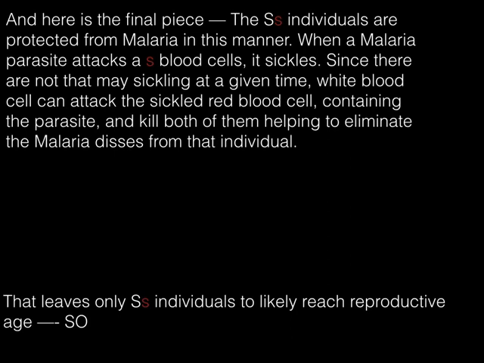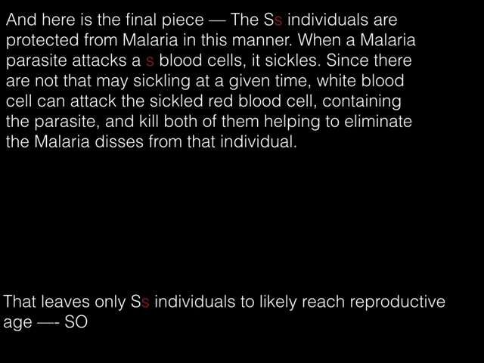Since there are not that many sickling at any given time, the white blood cells can detect them and attack the sickled red blood cell because it's acting weird and abnormal. Don't forget, that sickle cell contains the parasite now because it attacked it, and that's why it's sickled. Then the white blood cell kills both of them, helping to eliminate malaria from that individual.